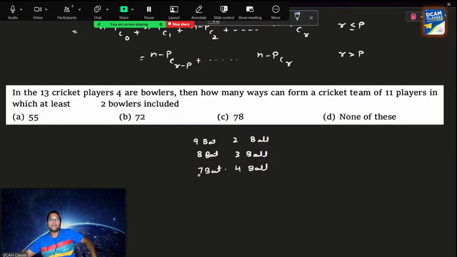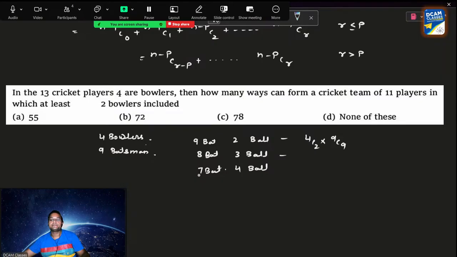There are 9 other cricket players, 4 bowlers are there, then there will be 9 batsmen or the all-rounders, whatever. Now, how will you do selection? First will be done in 4C2 into 9C9 ways.